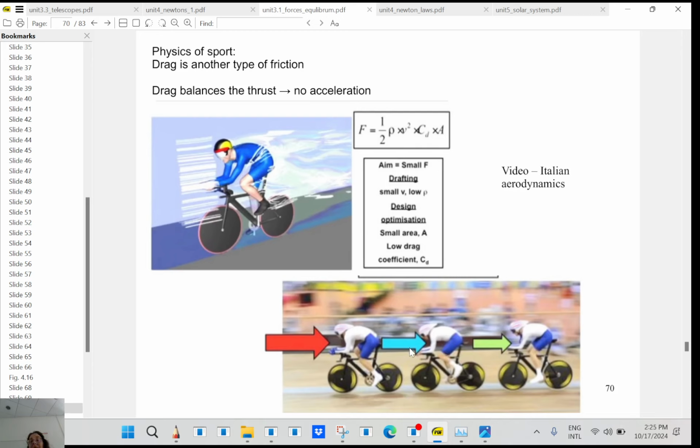Because first of all, there is less air density, and also they are not exposed so much to air resistance. And when this guy gets tired, this one takes over. That's how they do it. So if you've seen geese flying, you always have a leader, and then the leader goes to the back, and someone else takes the spot, right? So it's the same idea.